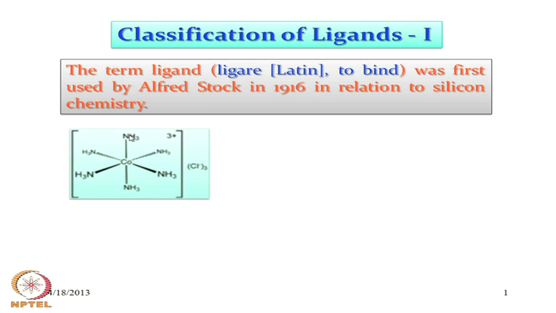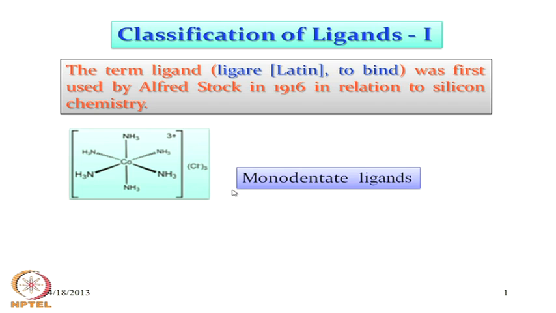They are considered good ligands and they attach to the cobalt center from only one point, which is why they are termed monodentate ligands. When the full coordination sphere is filled, the 3 plus charge of the cobalt center is neutralized by the presence of 3 chloride anions outside the coordination sphere. So, we can consider these as monodentate ligands.